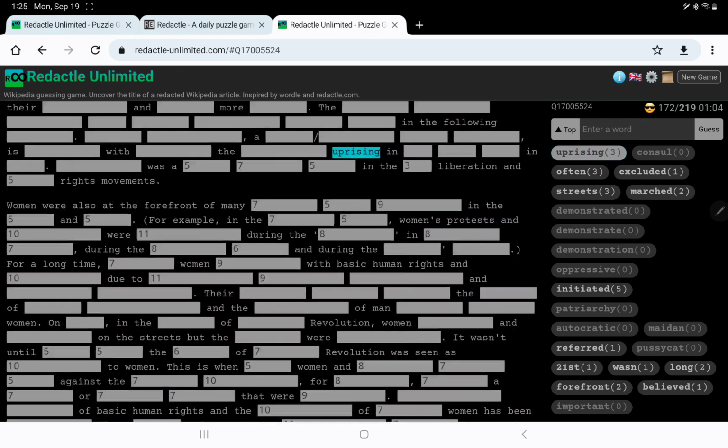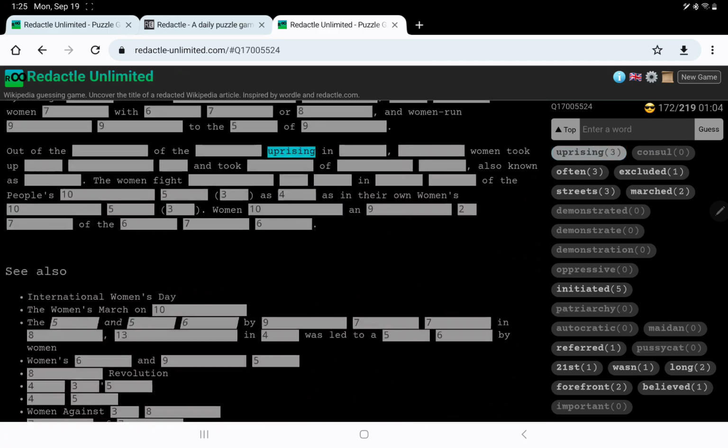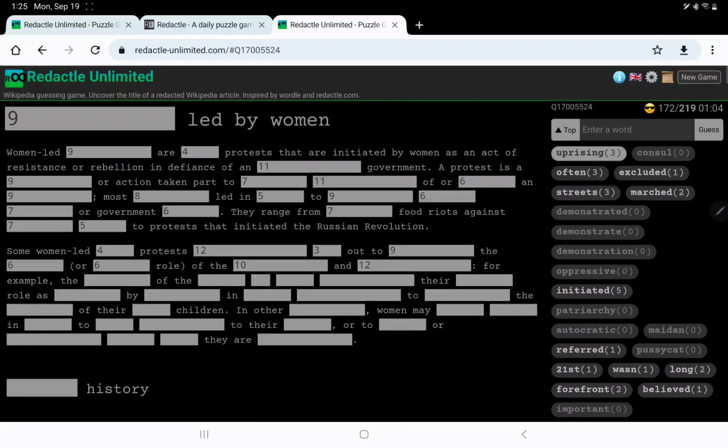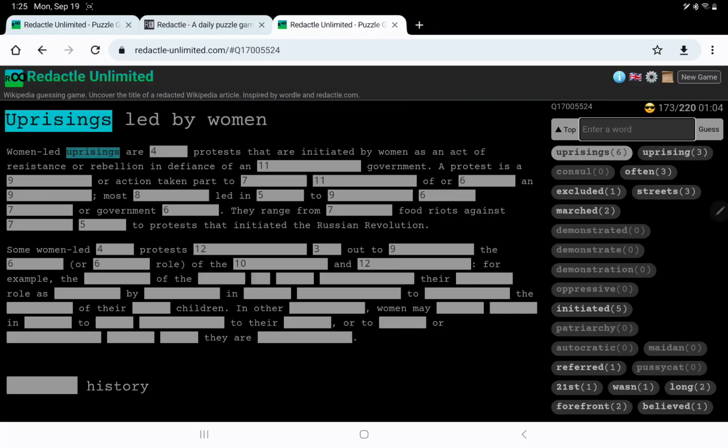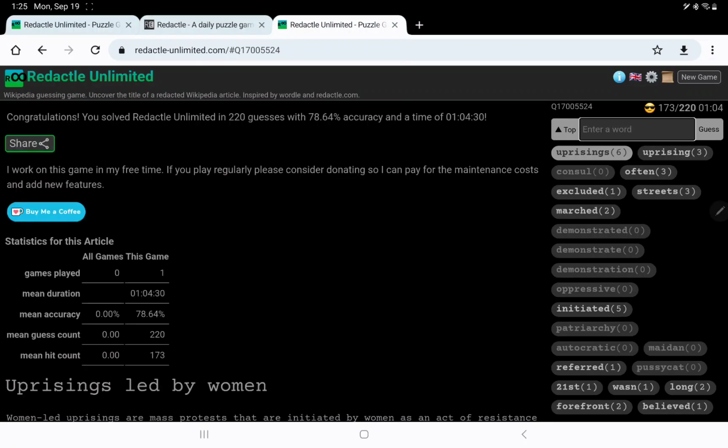So we do have uprising 3 times. Okay, we don't have it in the first paragraph. I was thinking maybe uprisings led by women. Anyway, let's try it. It is 9 letters. Oh my goodness. Well, Gert, I got there in the end. It took me 220.